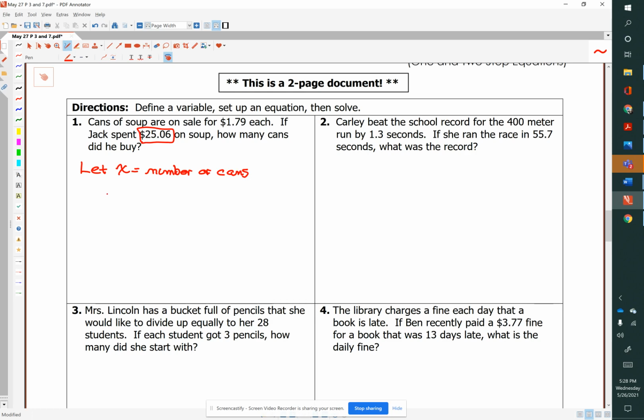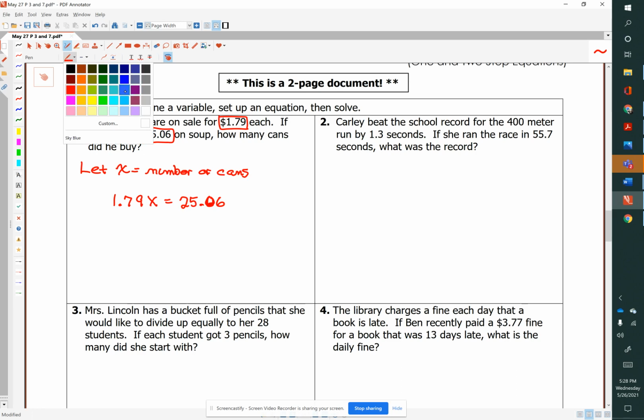And so our math sentence here will be $1.79 times X, remember a number and a variable next to each other means multiplication, equals that total. These are the 2 important figures in our word problem. So the total is $25.06.